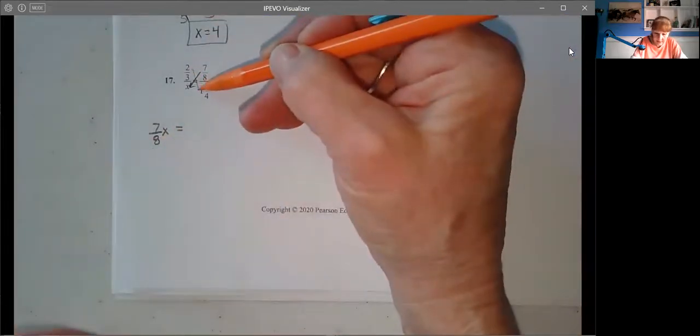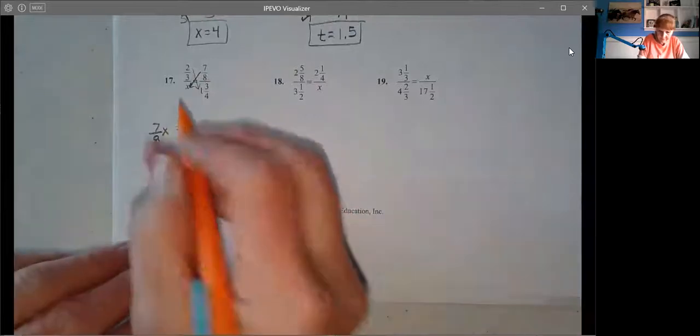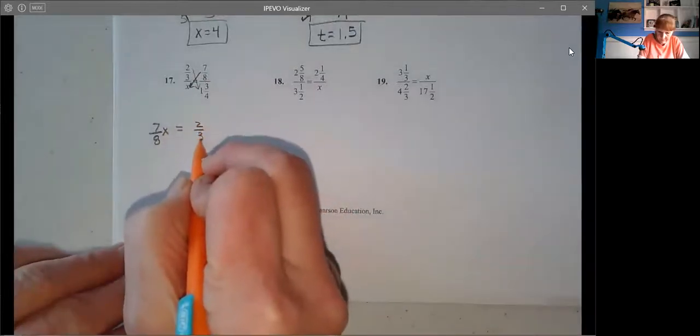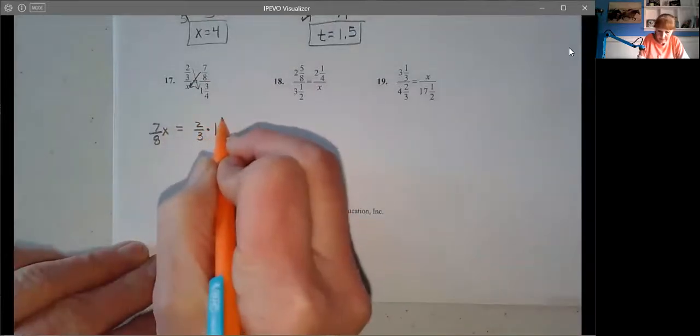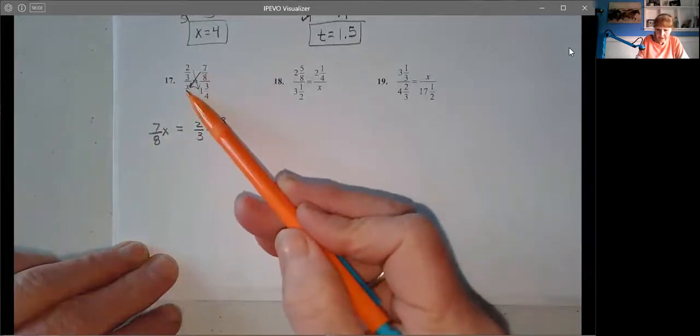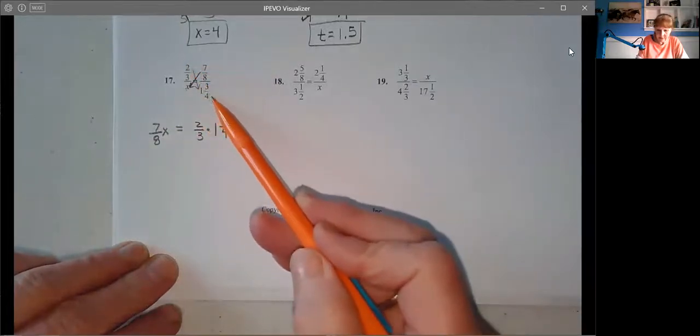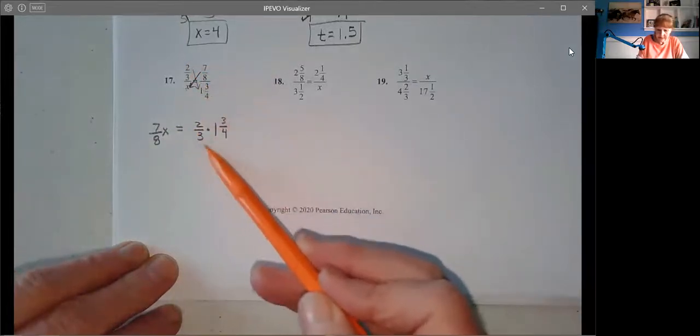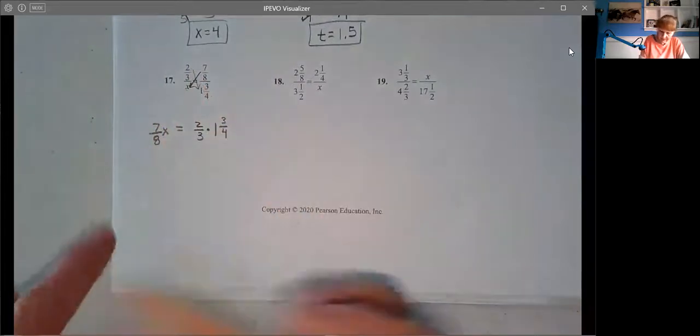Then I'm going to multiply 2/3 times 1 3/4. I'm going to get that product. So this product is equal to this product. So let's practice this and then practice solving.